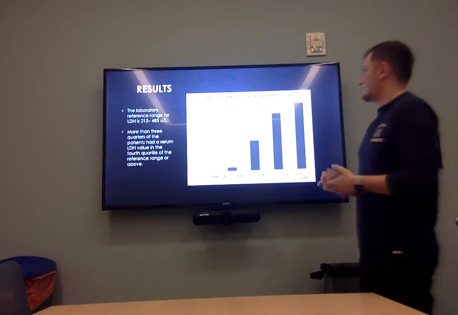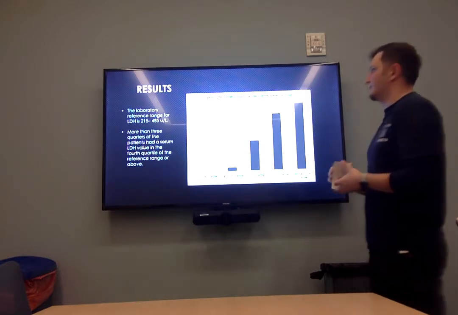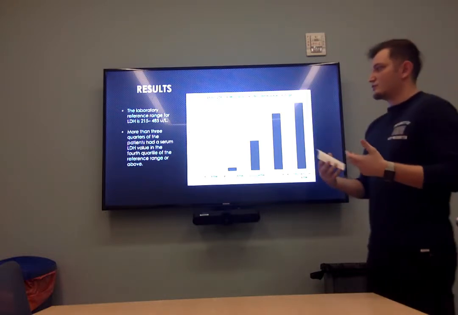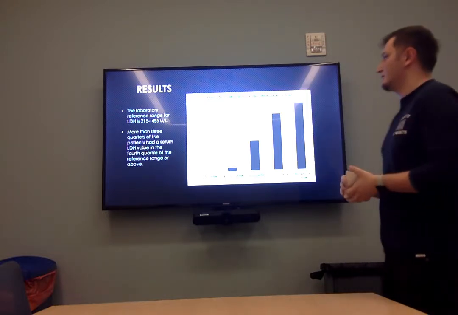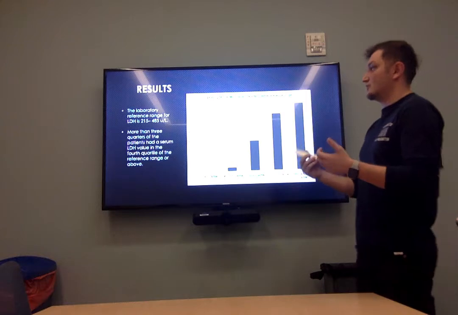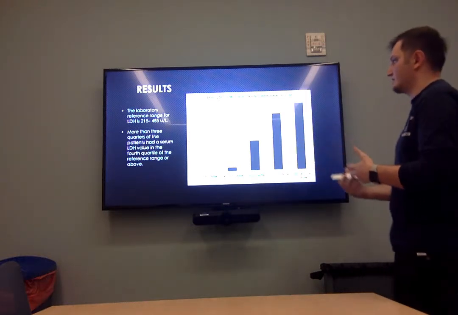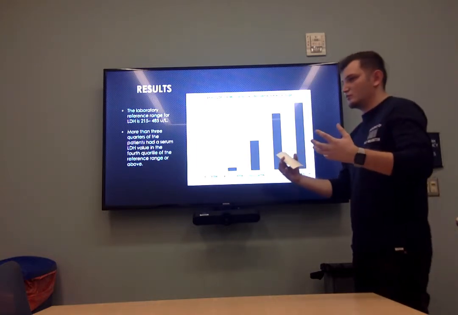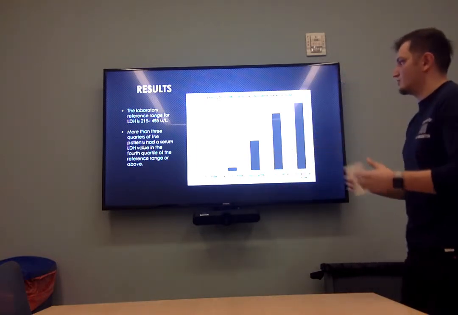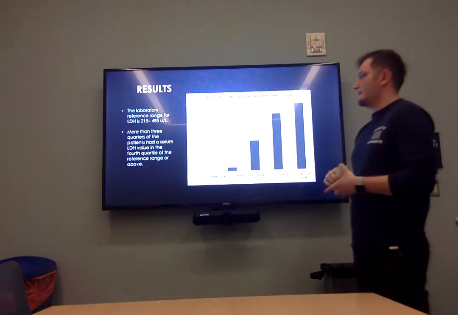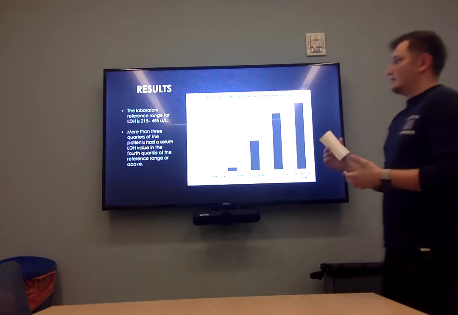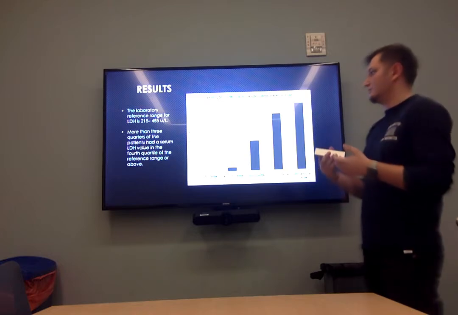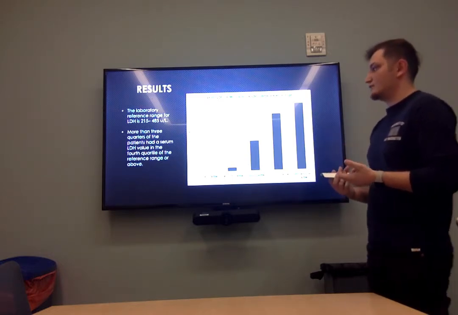Here's the third bar graph that I included. This was the laboratory reference range that I was talking about. The laboratory reference range was 215 to 485 units per liter that they were expecting, or referencing as far as range goes. More than 3/4 of the patients had a serum LDH value in the 4th quartile of the reference range or above.